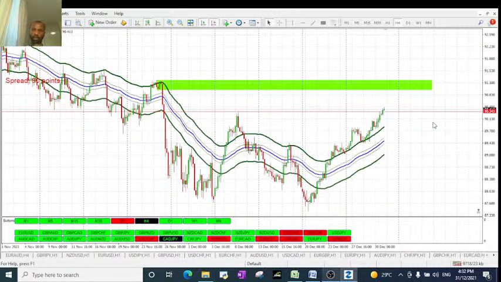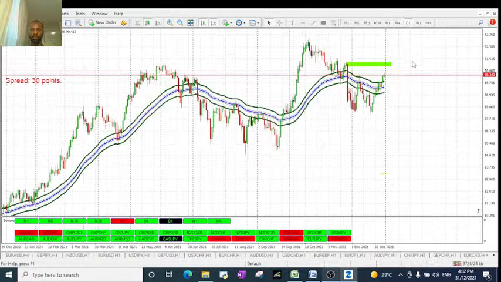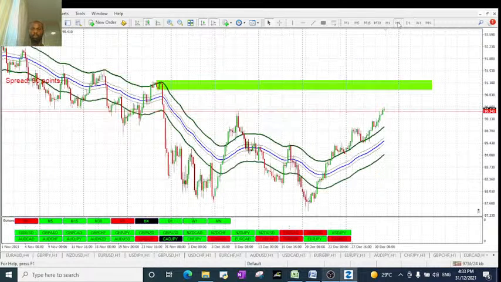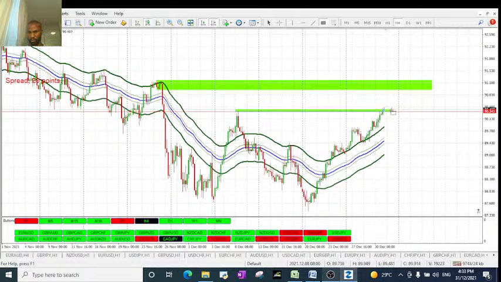So, of course, our bias for this pair is long. If we get an opportunity to buy, we only take buys, no sells.